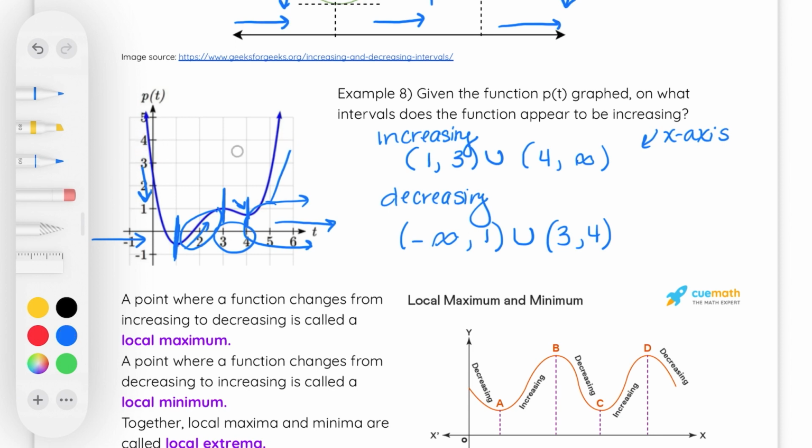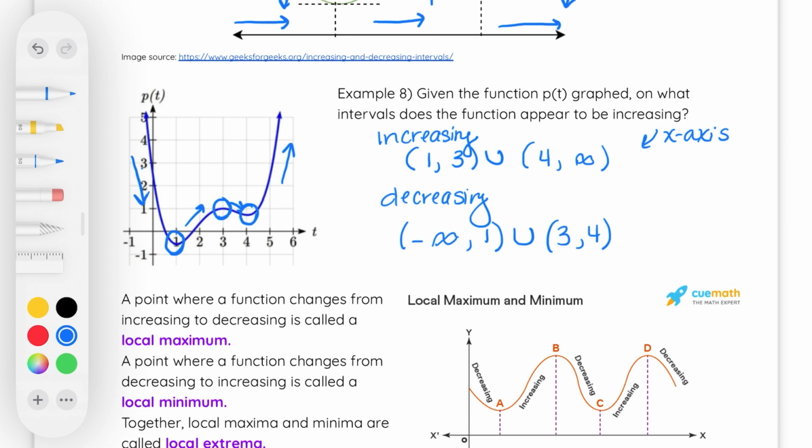Notice that within each increasing and decreasing, and I'll get rid of all of my mess here, when I switched from increasing to decreasing, there were what we would call local maximums and minimums. So anytime you're switching from increasing to decreasing or decreasing to increasing, there will be a minimum or a maximum.